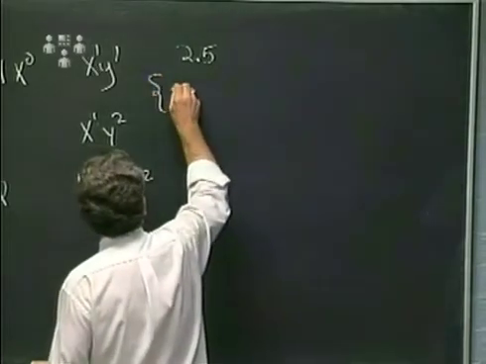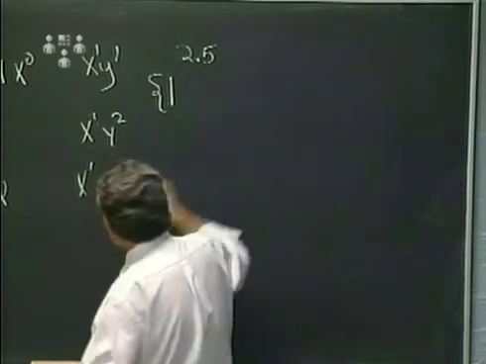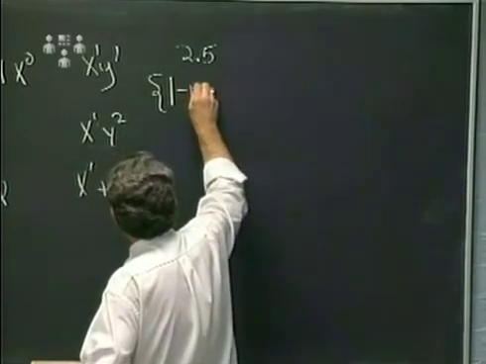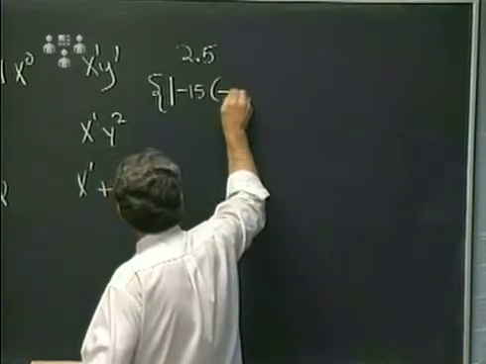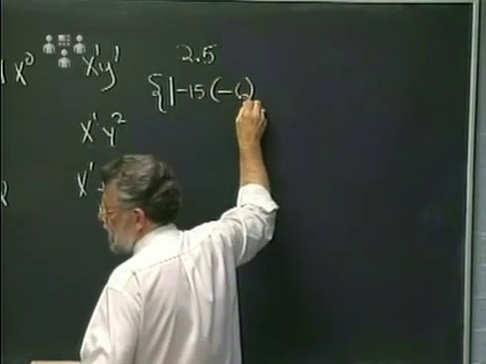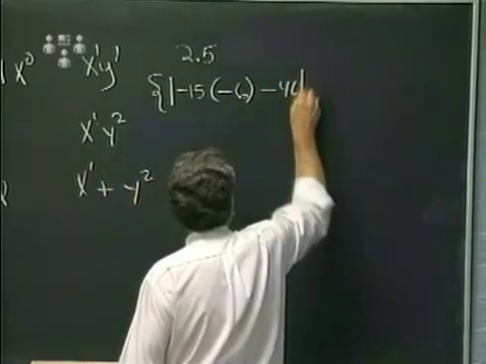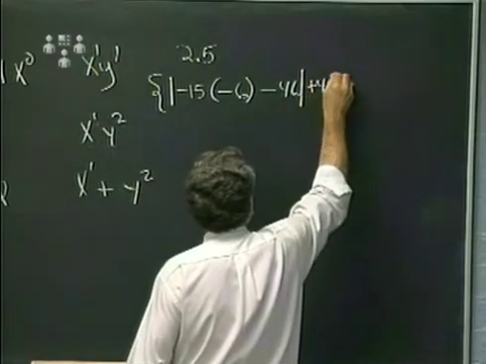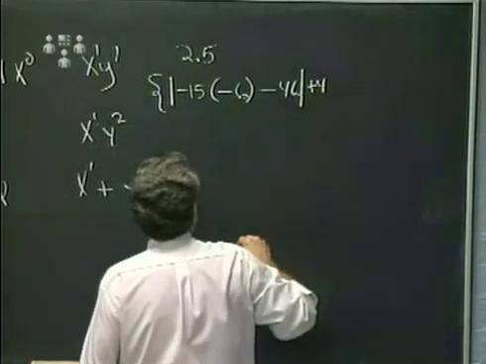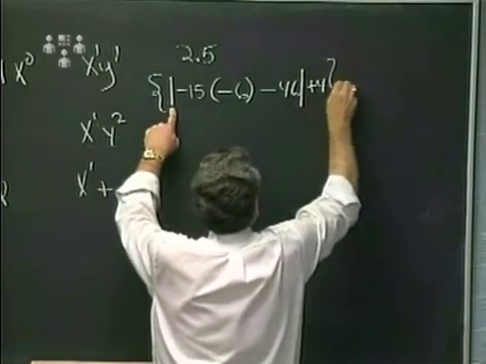Braces. Otherwise, I should brace myself for something. Braces. Absolute value. Negative 15. Open parentheses. Negative 6. Close parentheses. Like that? Wait. Oh, that closed this off. Like that.